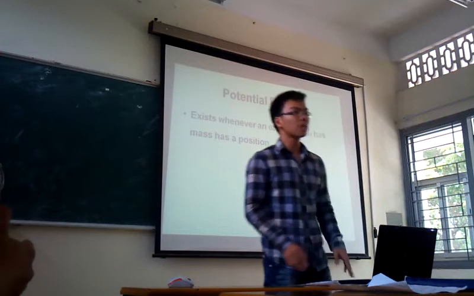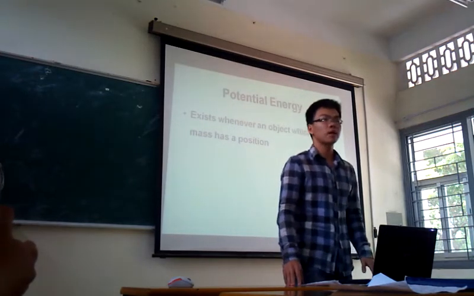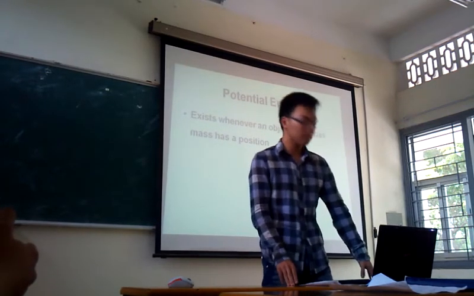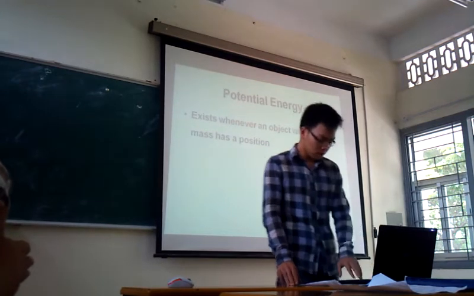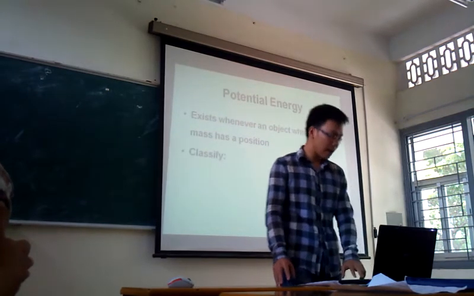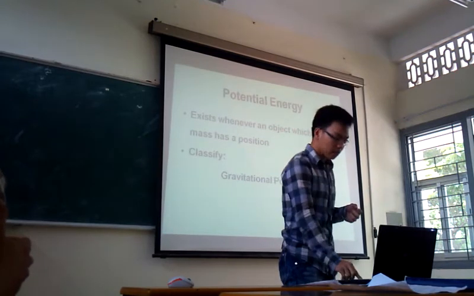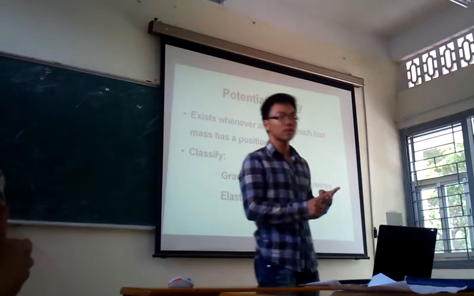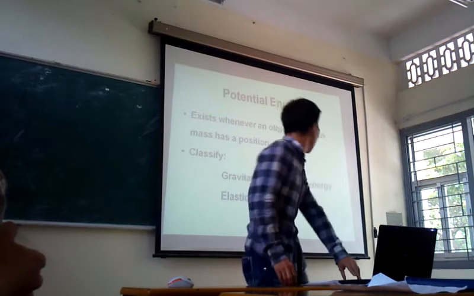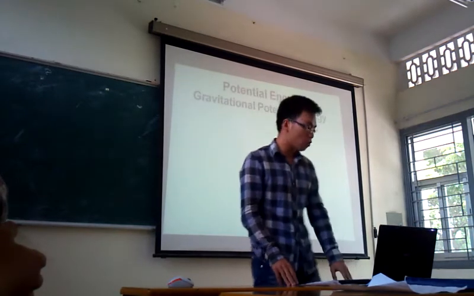And in the next part, I will explain why potential energy depends on the position. Potential energy is classified into gravitational potential energy and elastic potential energy. So now, let us start with the gravitational potential energy.